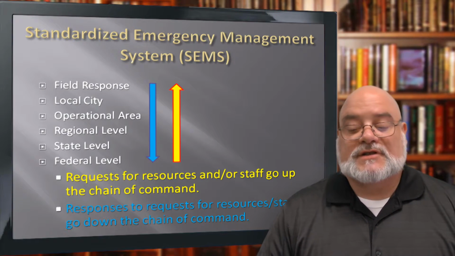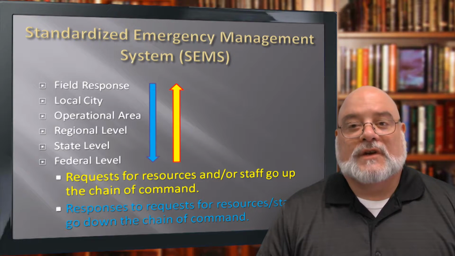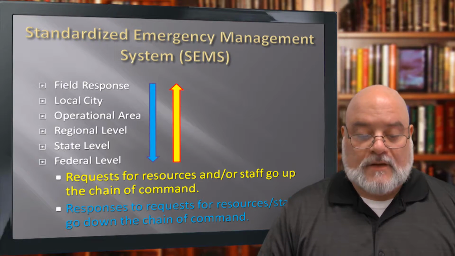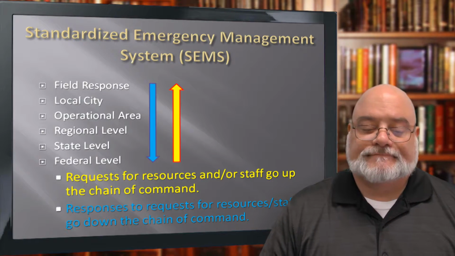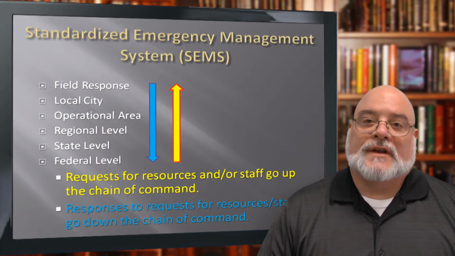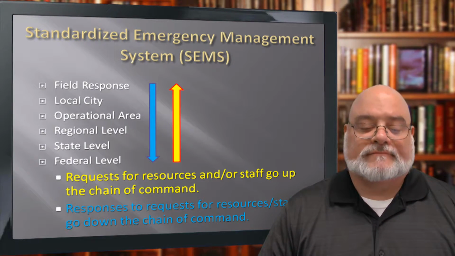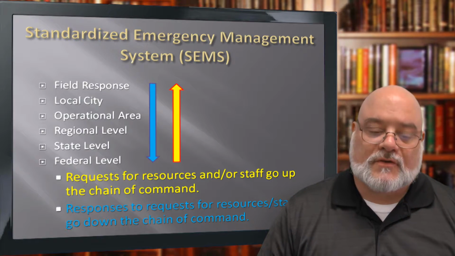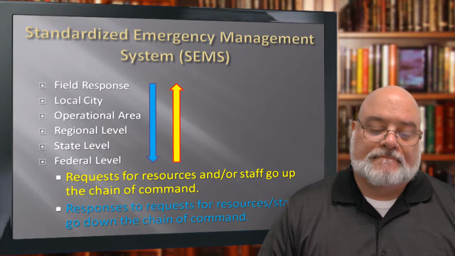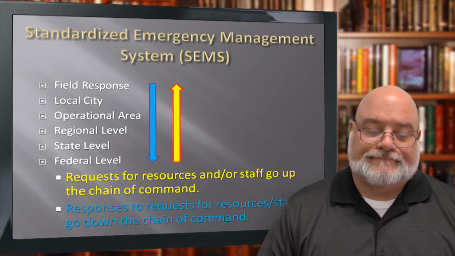So, Standardized Emergency Management System, or SEMS. This is what NIMS was initially based upon. So, you have the field response, with the incident commander, and the local city response, again, within the operational area. The operational area is the county and all its political subdivisions. The regional level that we talked about, this is where the RDMHS and RDMHC function very well.